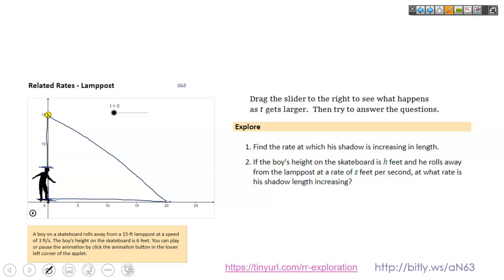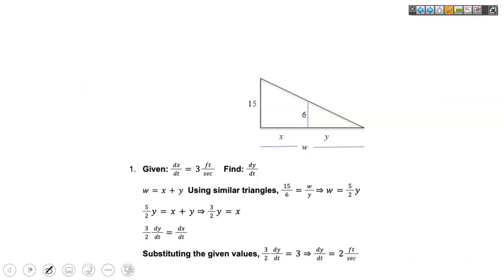Yeah. So it says find the rate at which the shadow is increasing in length. The boy's height on the skateboard is h feet, and he rolls away from the lamppost at a speed of s feet per second. At what rate is his shadow increasing? So this is like our proportions. I tried to make it line by line. So my lamppost and my skateboarder are numbers.